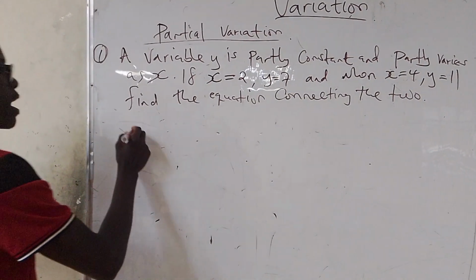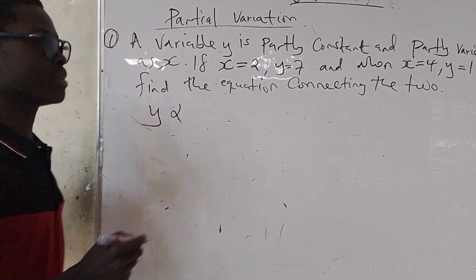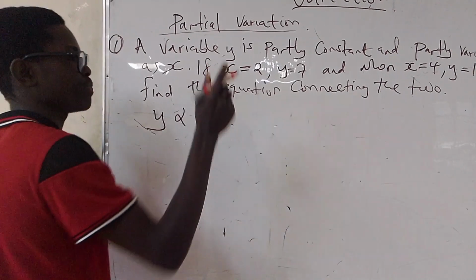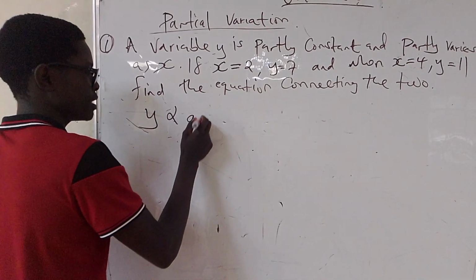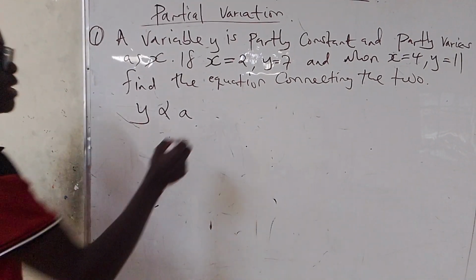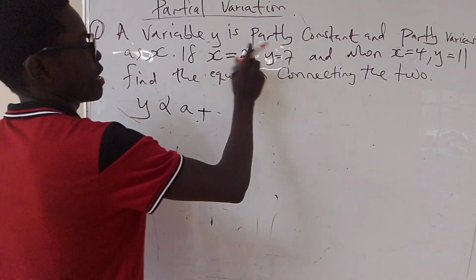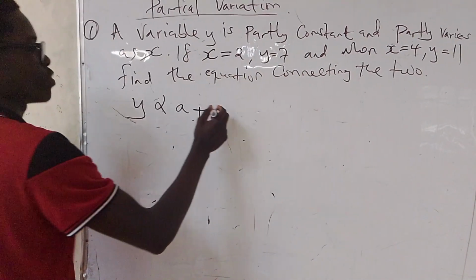When you are told that a variable is partly constant, that means that you introduce a constant, and partly varies as x, so plus kx.